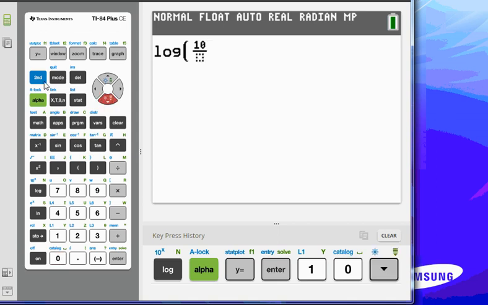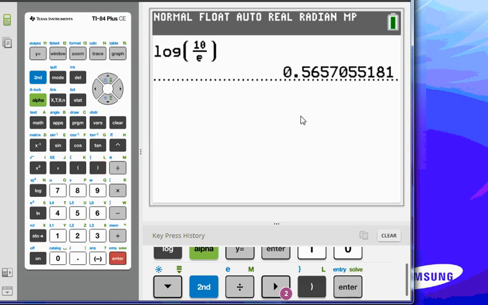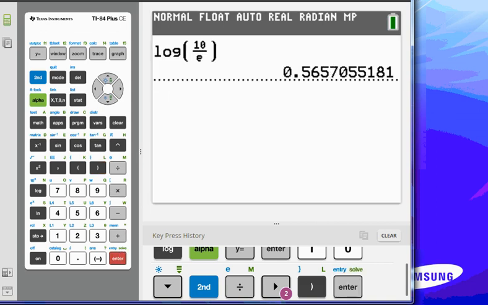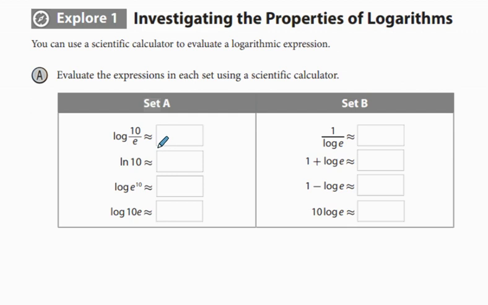and e we find by going second and this division sign. e is a special number. So we get 0.5657. Then ln 10.